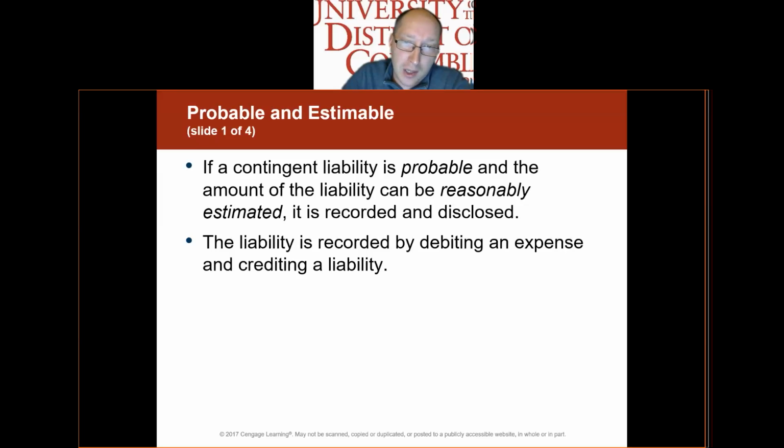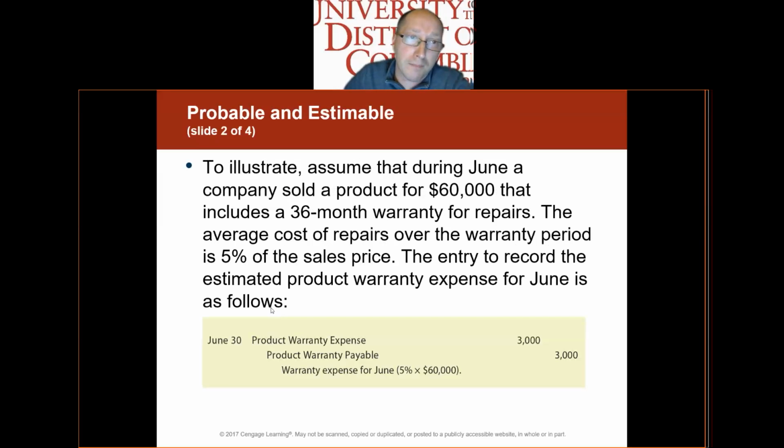The liability is recorded by debiting the expense and crediting the liability. In this example, we have a company that sold a product for $60,000 that includes a 36-month warranty for repairs. The average cost of repairs under the warranty is 5% of the sales price.